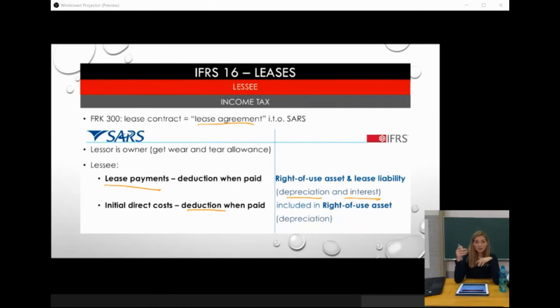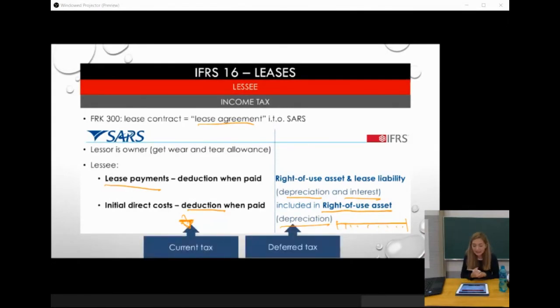Whereas for accounting purposes, that initial direct cost is included in the measurement of the right of use asset, so it will be included in the depreciation. So we get a once-off deduction in the year that we pay it, but for accounting purposes, it's going to be over the lease term, deducted as part of the depreciation expense.